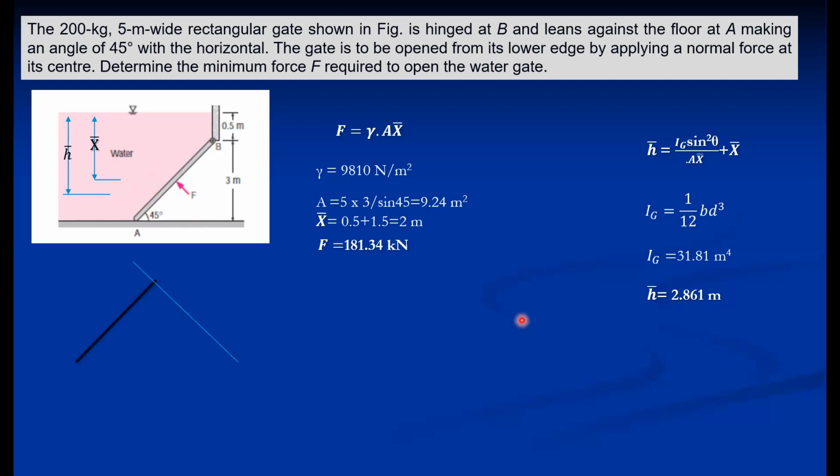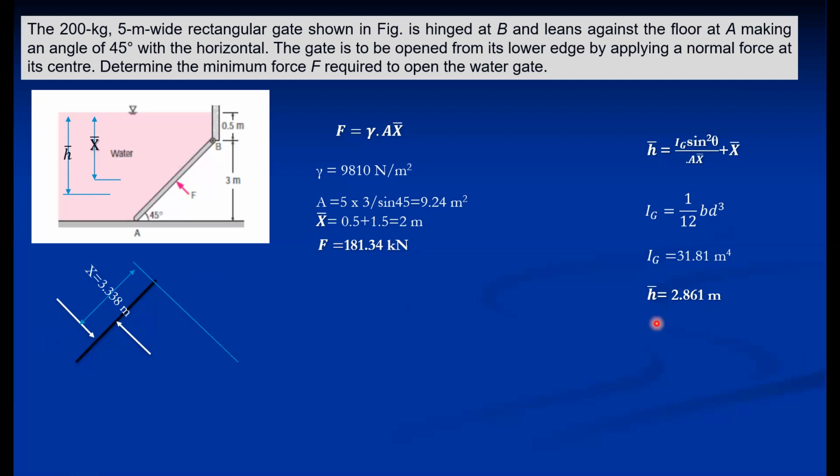Now, if we see the free body diagram, this is a reference plane, and this is the actual gate. This force we require to calculate, that is what force is required to open the gate. So X, that is this distance, we have to calculate where the force is acting.